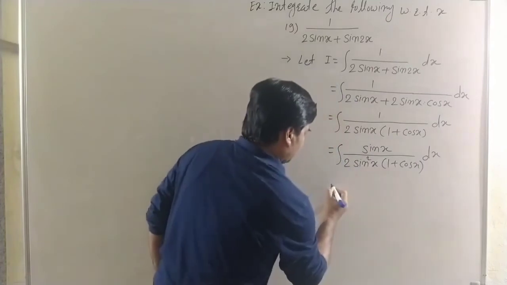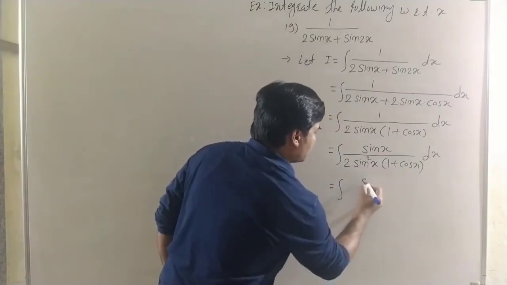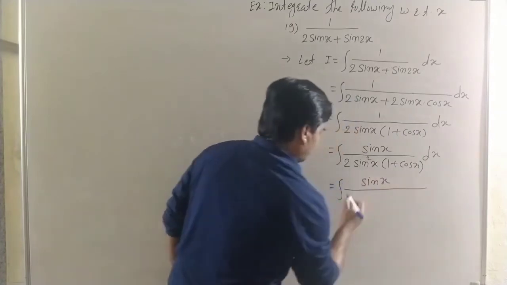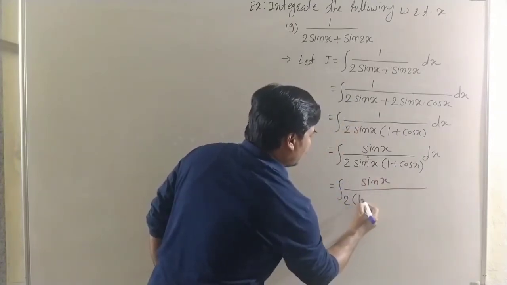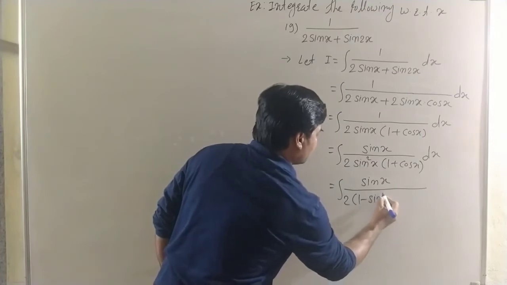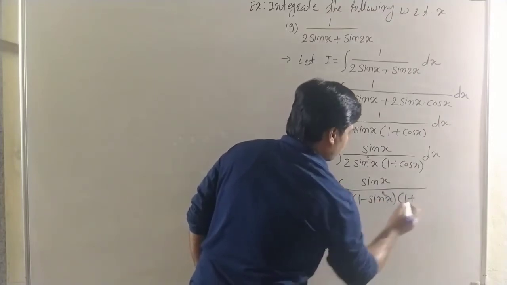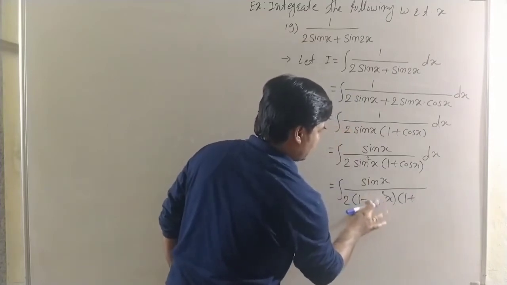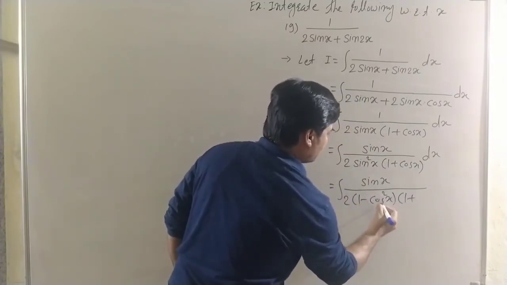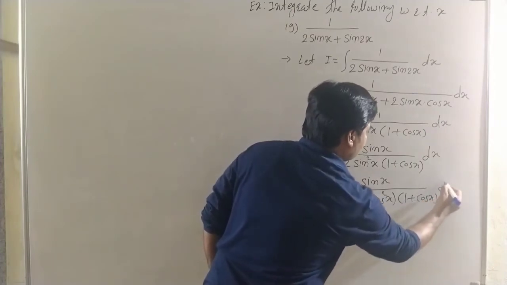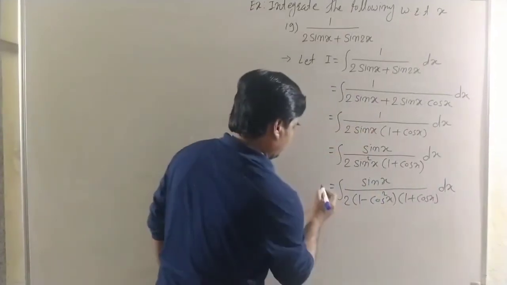Again put the formula of sin square x, it is sin x upon 2 into 1 minus cos square x into 1 plus cos x dx.